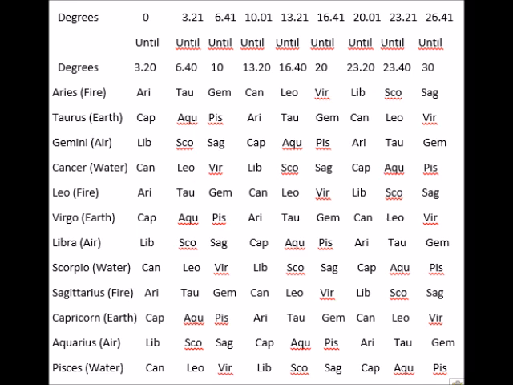So the other rule given by the ancient sages is that if the zodiac sign is an earth sign, then the first subdivision of that zodiac sign will start from Capricorn and then move on to Aquarius, to Pisces, to Aries, to Taurus, as you can see under Taurus.